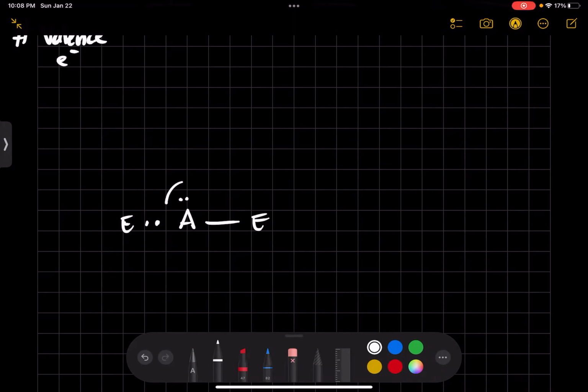And then the lone pair. The lone pair electrons, atom A doesn't have to share with anything. So it quote unquote feels both of these electrons as belonging to it. However, these 2 bonding electrons are being shared with E. And so here, if we're going to give an even split between E and A, we'll say that at any given period of time, A has 1 and then E has the other.